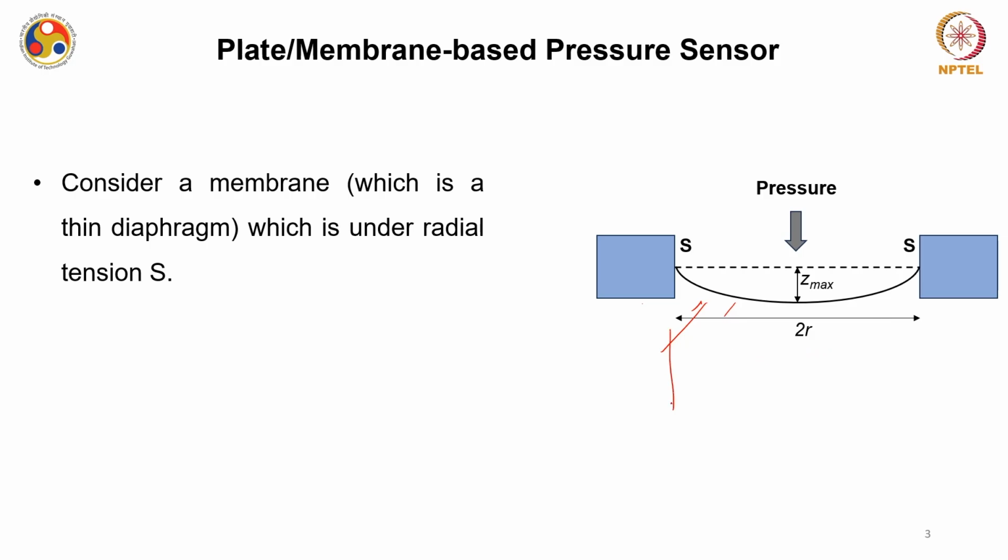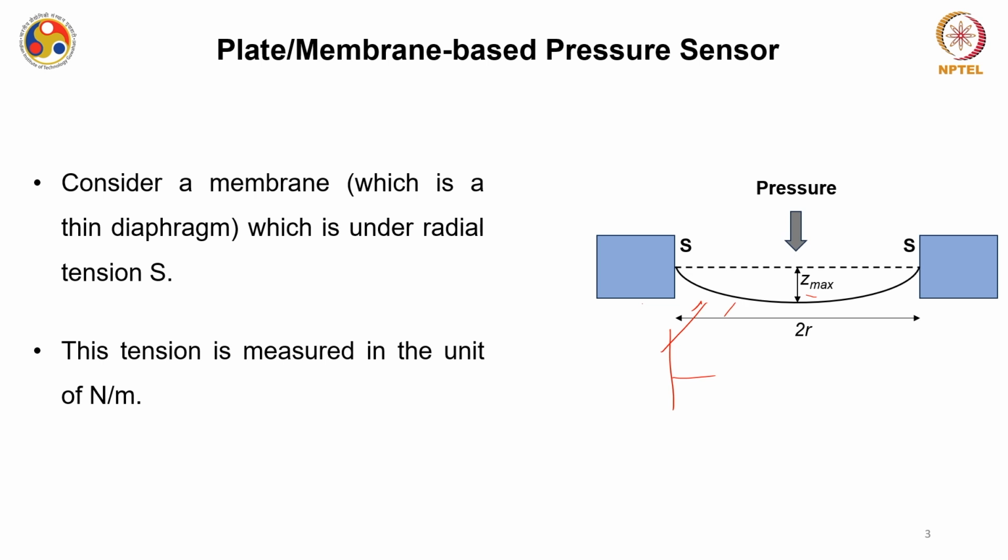Therefore, this diameter that I have covered is 2r, and due to this pressure it can bend to a maximum distance from its original position, Z max. The tension is measured in the unit of Newton per meter.